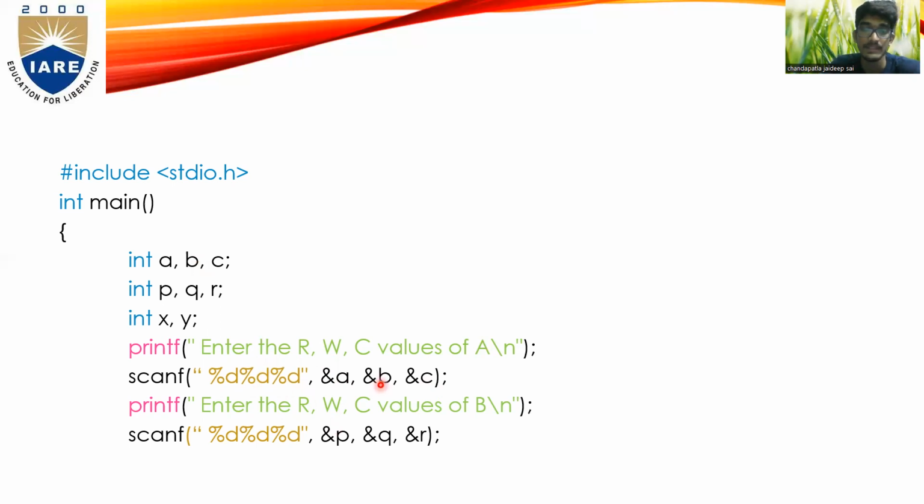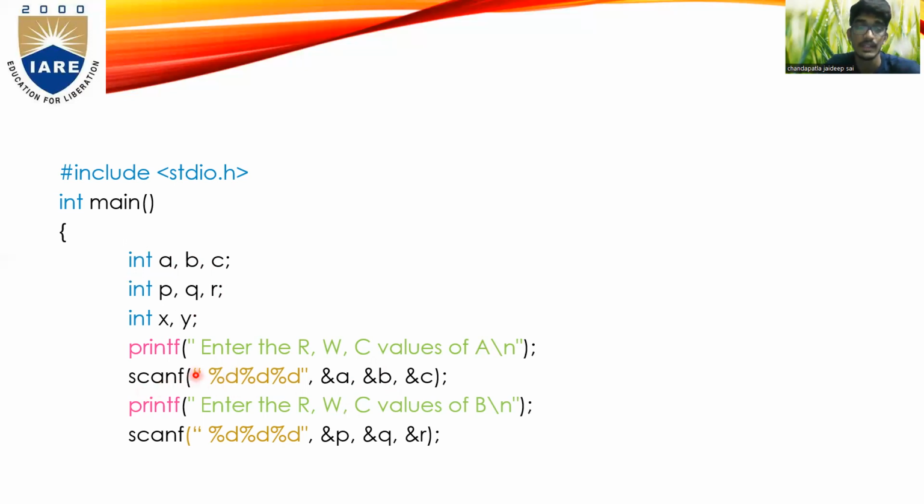So here the ampersand b means it will store in the address location of b, because percentage d is used for integers. If we use float instead of integer, then instead of percentage d, we have to use percentage f.